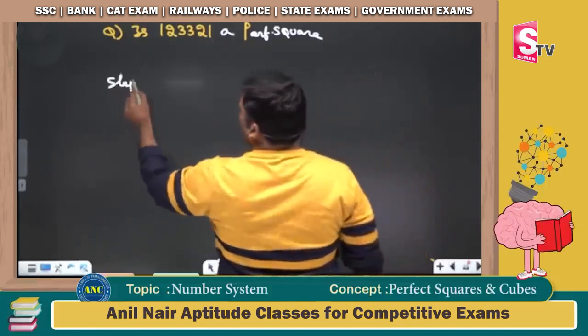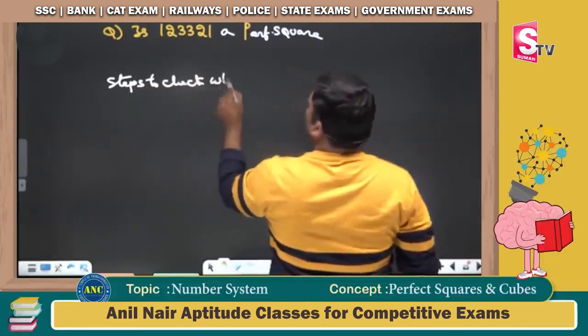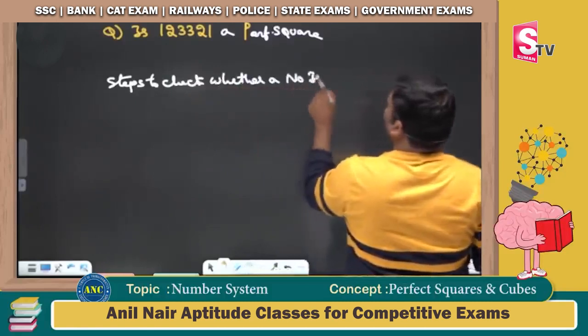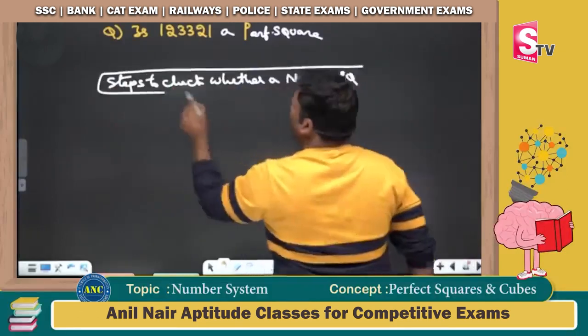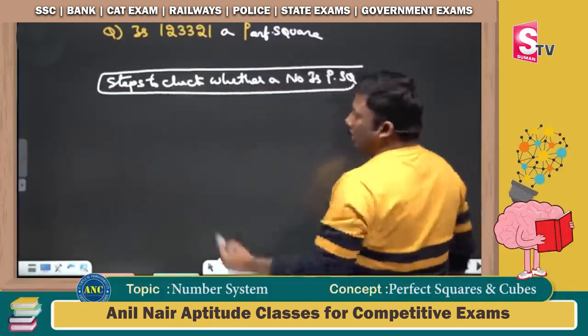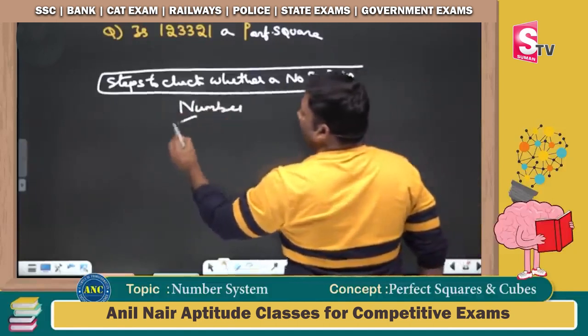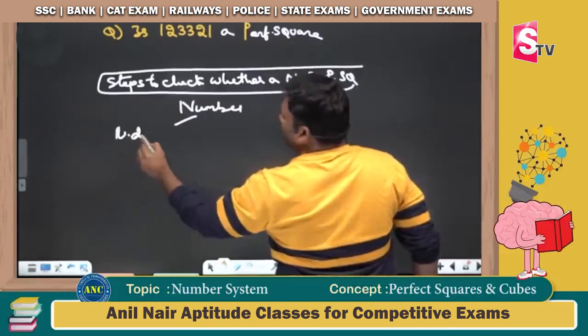Now see here. Steps to check whether a number is a perfect square or not. Suppose we take a number. Look at the unit digit.